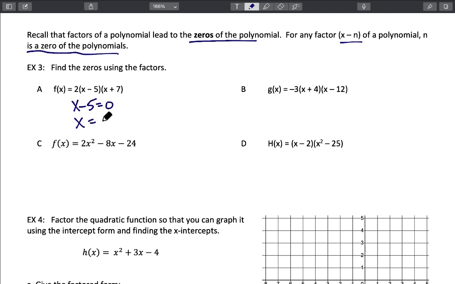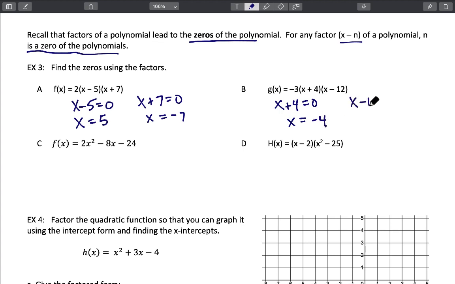So in this first one, example 3a, our first zero is positive 5. Our second one is negative 7. Likewise for letter B, I'm going to take my factor x plus 4, set it equal to 0, and my zero is negative 4.